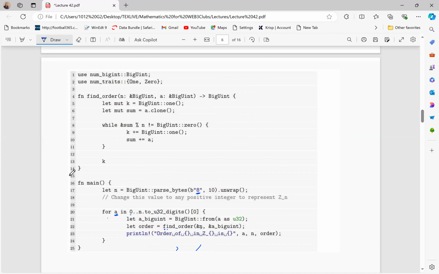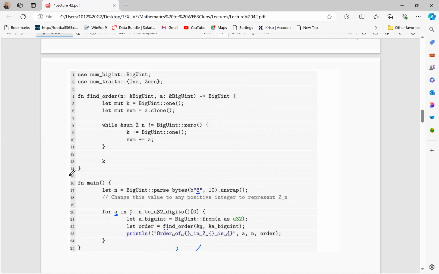Now, under the find order function, the function knows that we want to find a constant k such that k times a should give us 0.